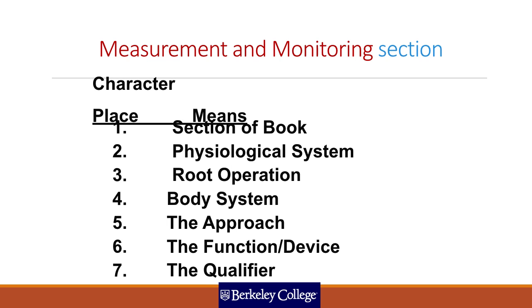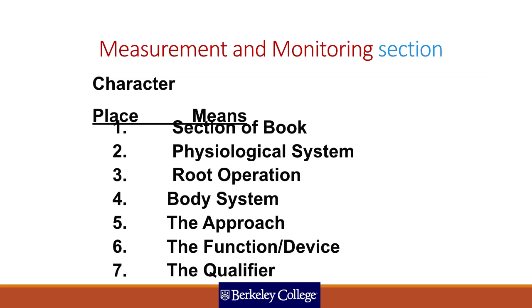Yes, the third character is going to identify the root operation term, but in this case, the fourth character is going to identify the body system. You may remember, unlike the medical and surgical section, the fourth character identifies the body part, the specific anatomical site. In this section, the fourth character identifies the body system.